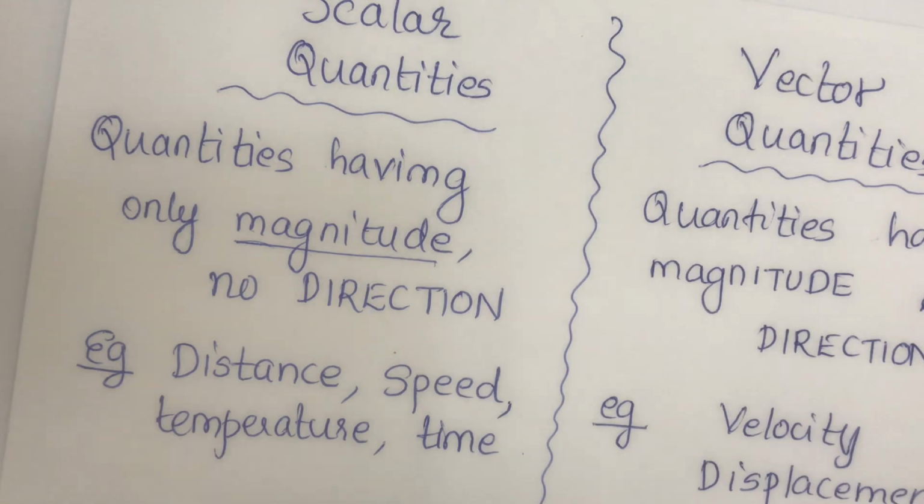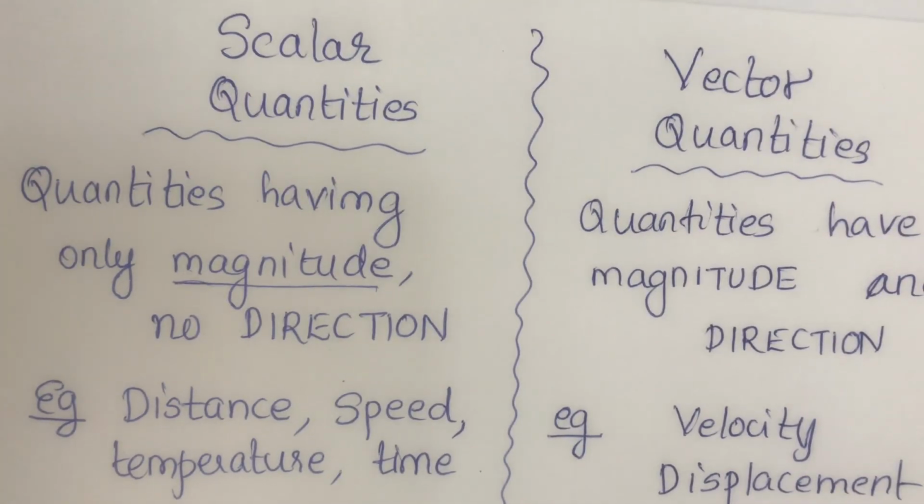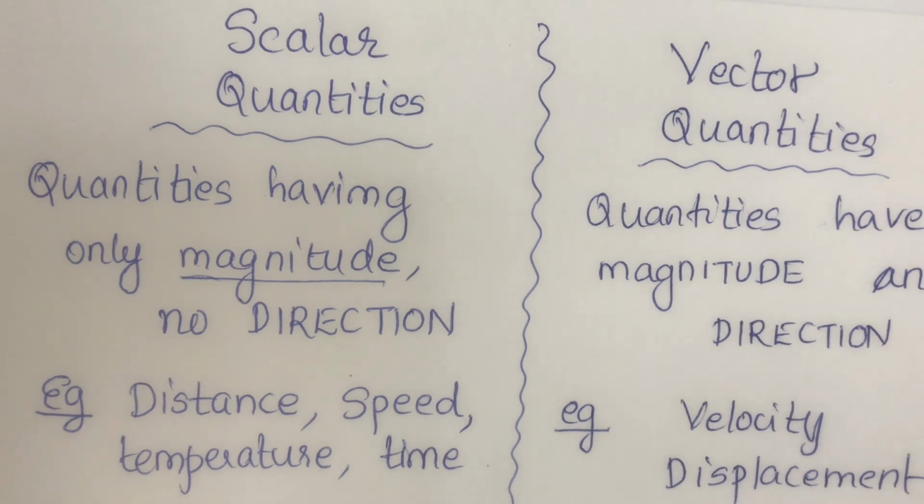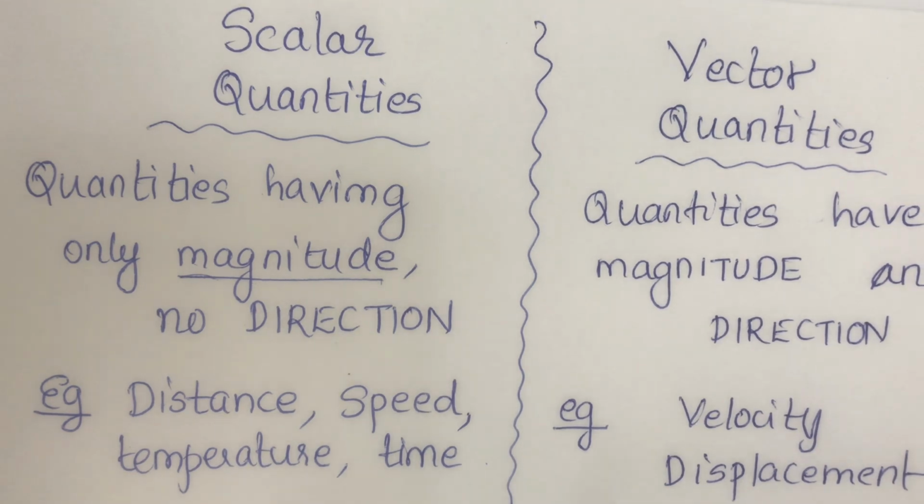The main terms we have to consider in this chapter are distance and speed, because it is related to the motion, right? So scalar quantities are quantities having only magnitude and no direction, for example distance and speed.